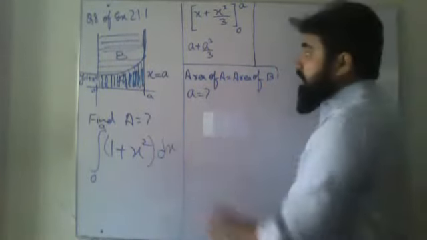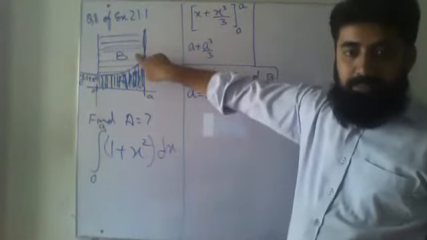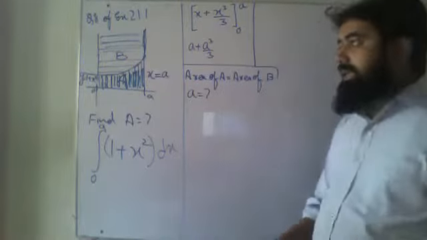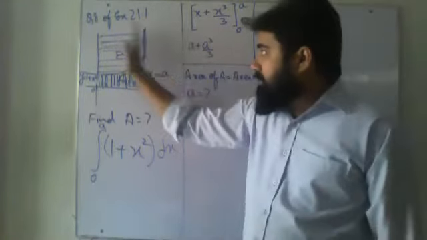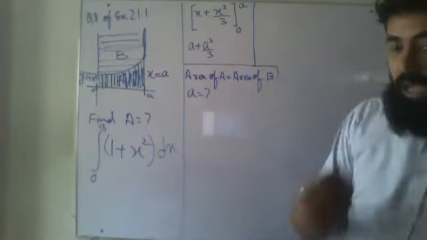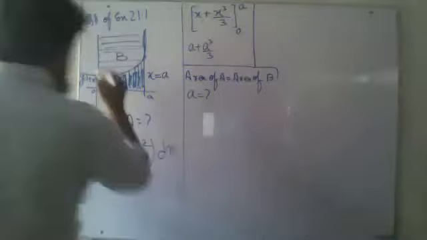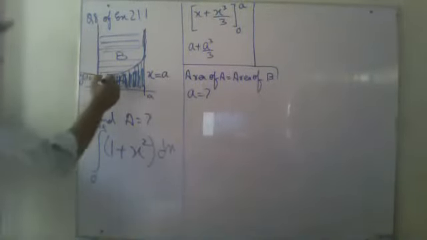Right? Now, B is there. This is my B. Now, this B is telling me, okay, fine, you have to now find this one. How can I find it? I have to take the y-axis with this curve.